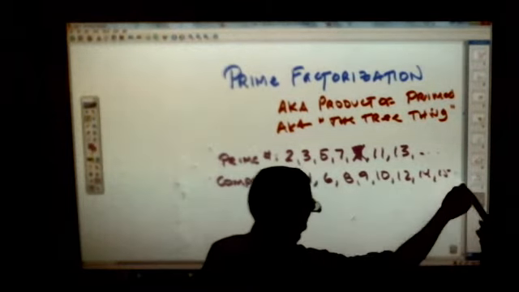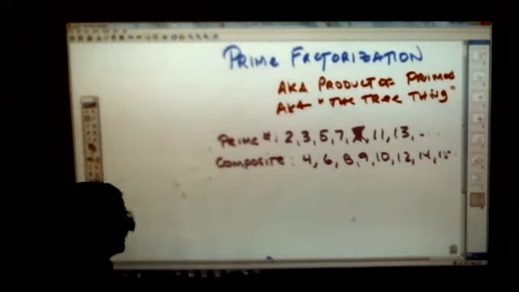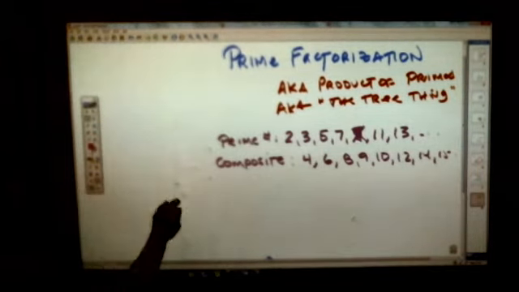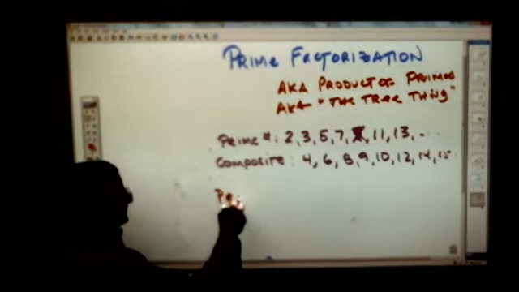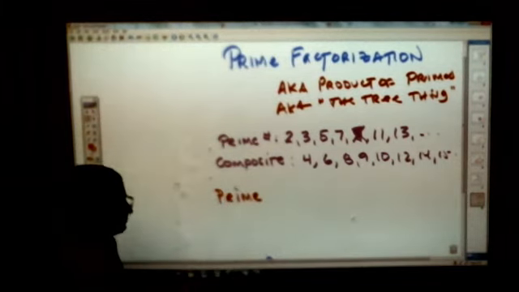Now, what we are doing when you're asked to do prime factorization, the book has been giving you hints up until this point.